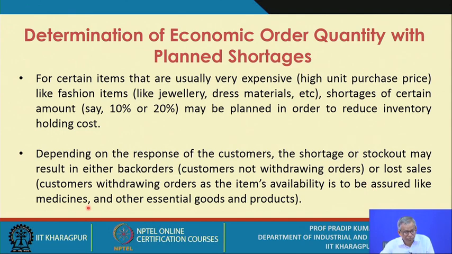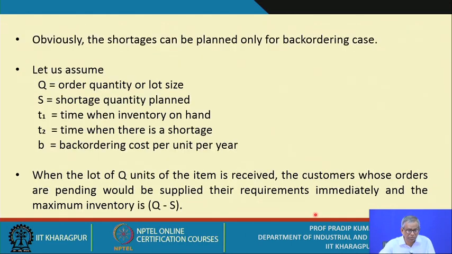Like medicines, you cannot wait. If it is not available at a particular store, you have to go elsewhere, or food items and other essential goods. So these are the two situations you come across. Here we assume the shortages can be planned for the back ordering case, and these cases are back ordering cases.